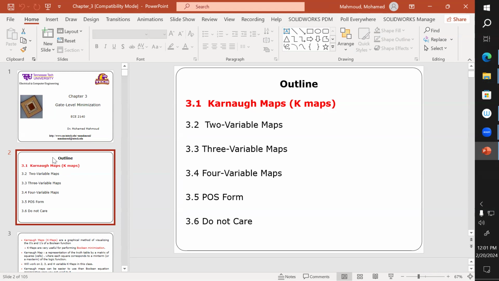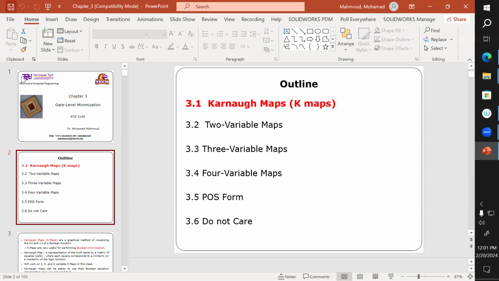The result you get will be the same if you do it correctly. However, usually we use maps because it's much easier, as you will see by yourself now, than algebra manipulation. This is just another approach, and usually we use it for simplification of functions.